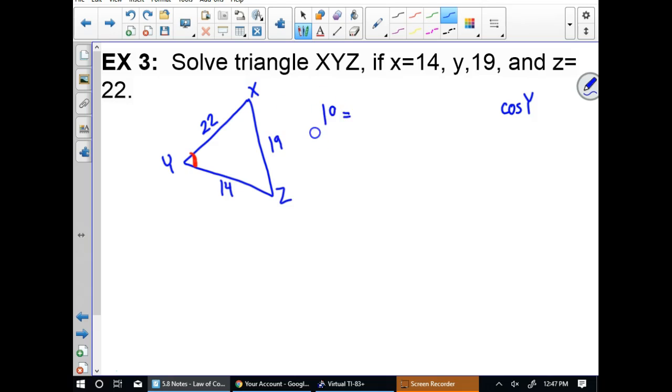So we'll have 19 squared. And 22 and 14 are our a and b. It doesn't matter which one's which. So we'll have 22 squared plus 14 squared minus 2 times 22 times 14.